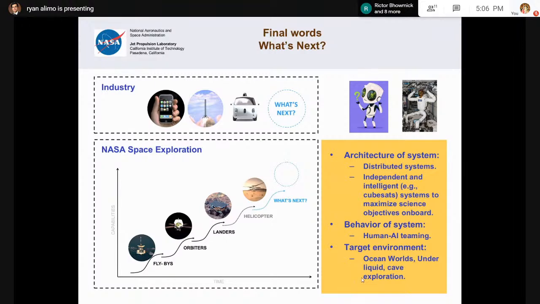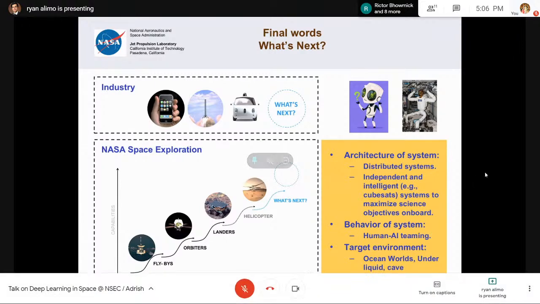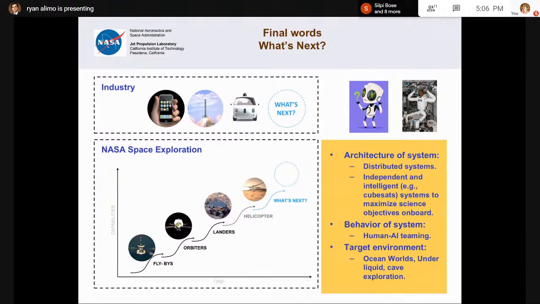It's not only humans. And they team up with each other to maximize the science objectives that they have and the things that they can do. Even currently, we are mostly teaming with the AI in many of the applications that we have every day.